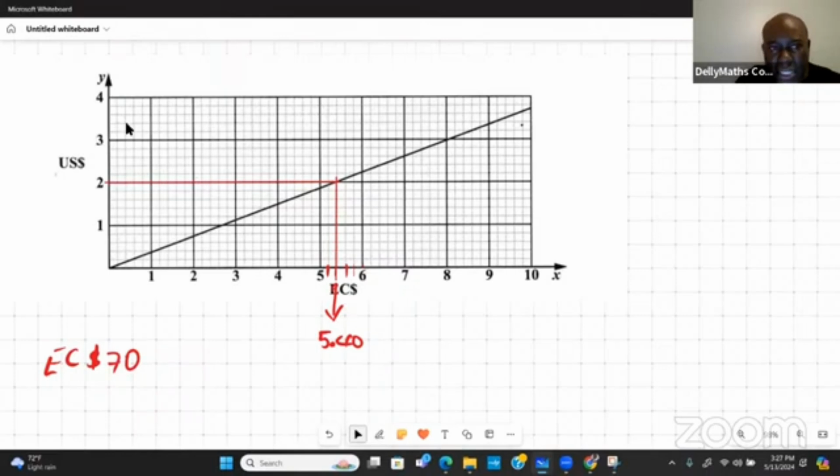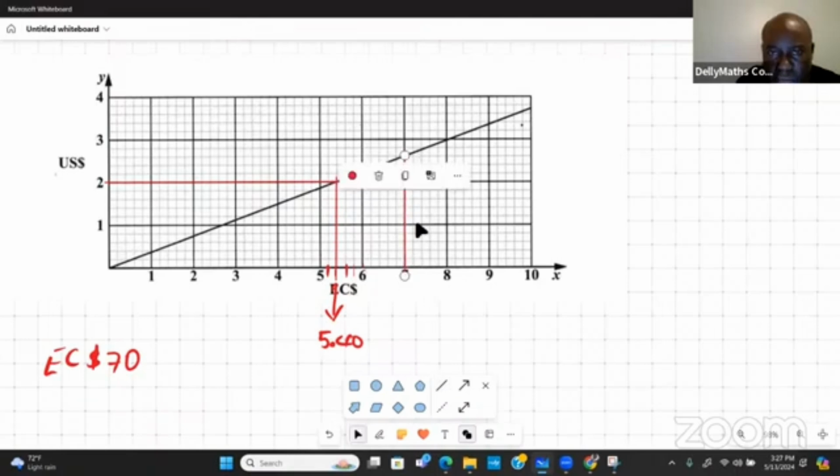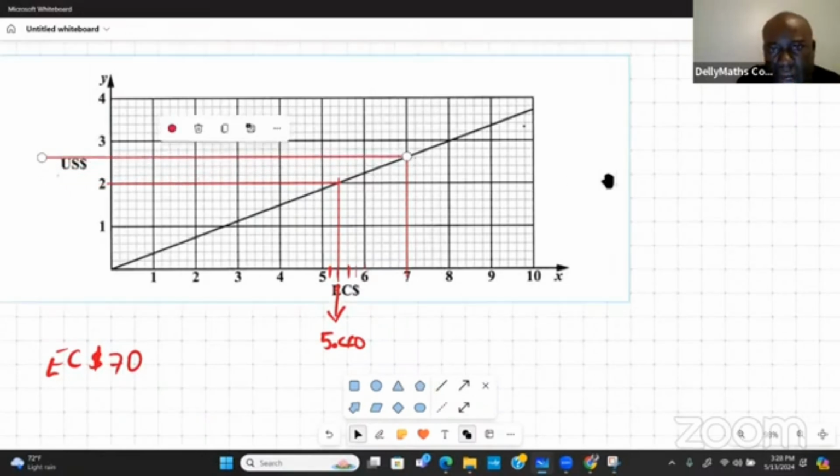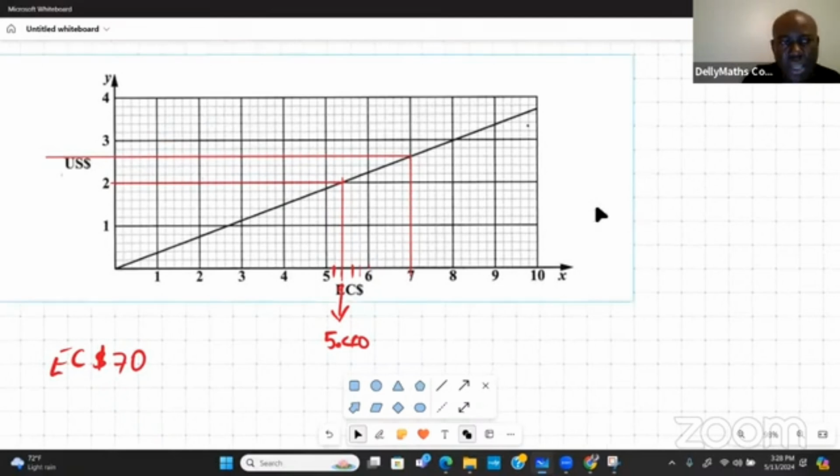I'm going to definitely use this graph because we're supposed to be using the graph. So I'm going to take up 7 right here. If I take 7 here, this is where it's going to take me, right at that line. So 7 would have taken me right over here.